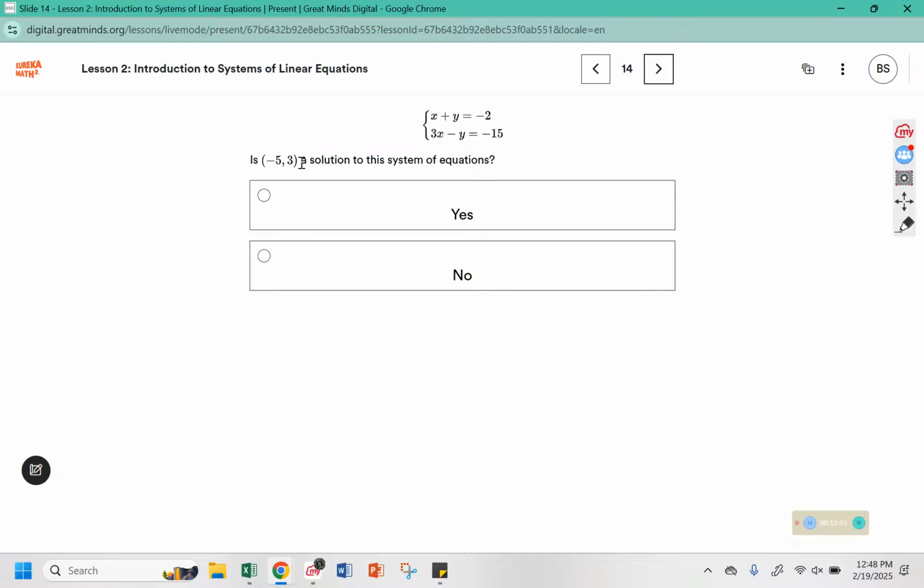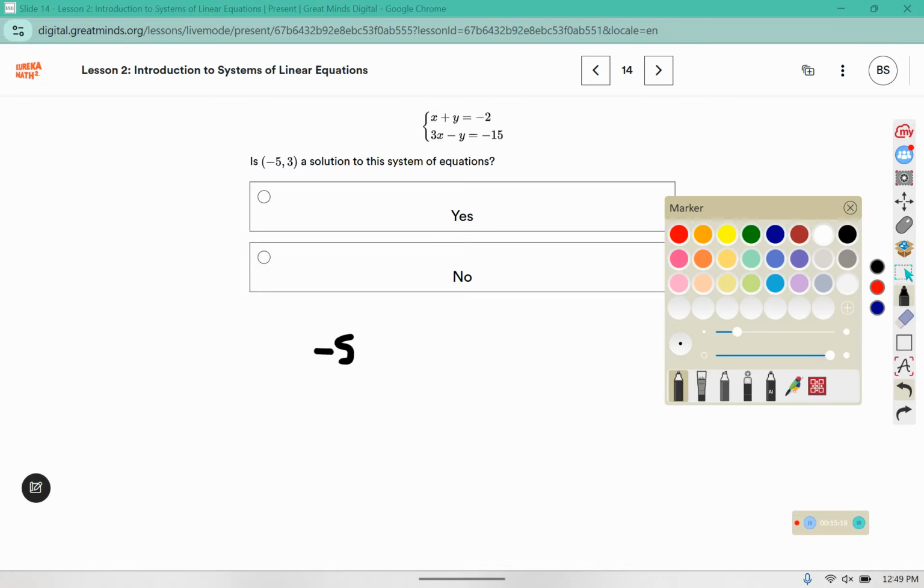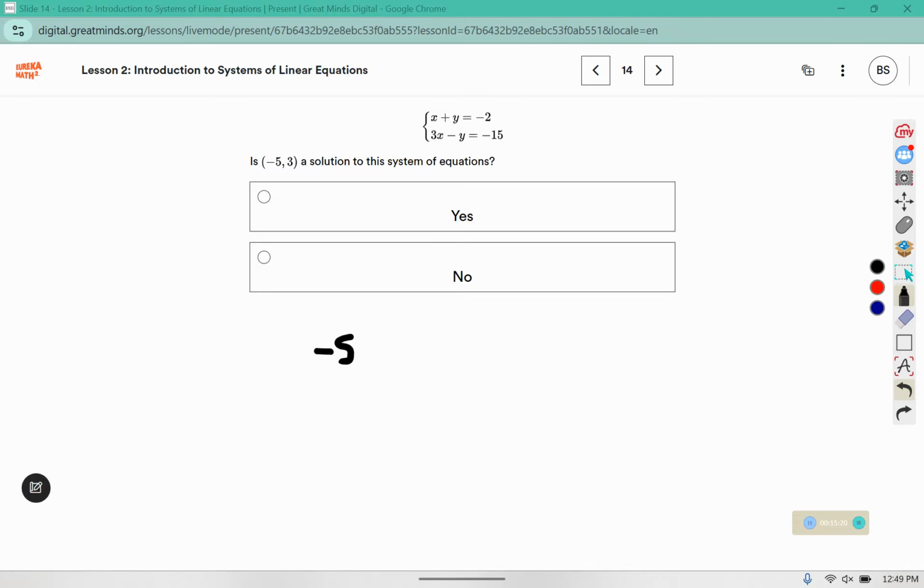Is negative 5, 3 a solution to the system of equations? If we replace x with negative 5 and y with 3, that does equal negative 2.